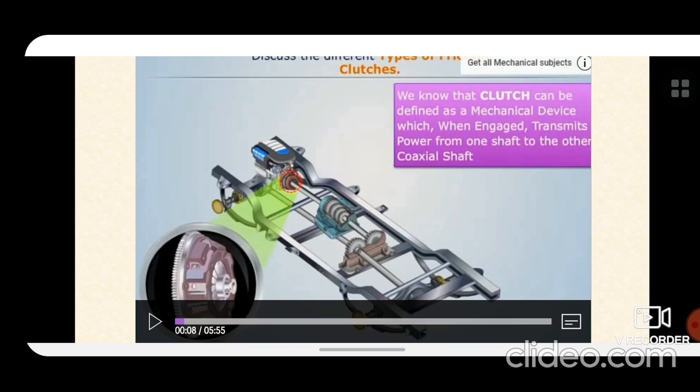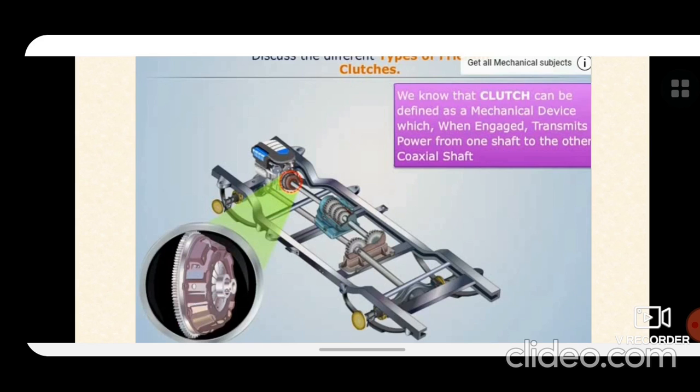As we all know, a clutch can be defined as a mechanical device which, when engaged, transmits power from one shaft to the other coaxial shaft. So we all know that the clutch is the intermediate part between the transmission system and the flywheel, and that flywheel is connected with the rotating shaft, which is connected in the engine part.